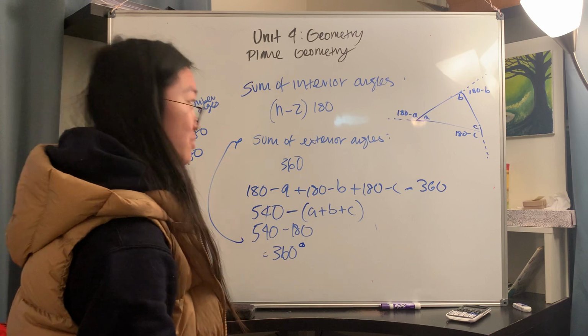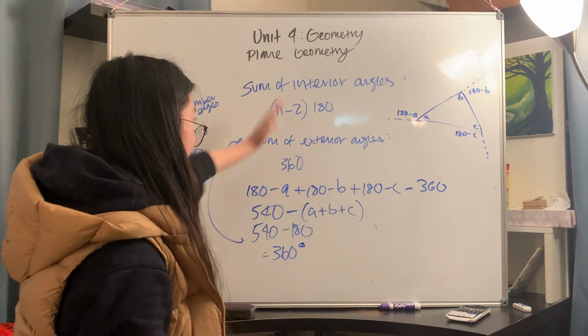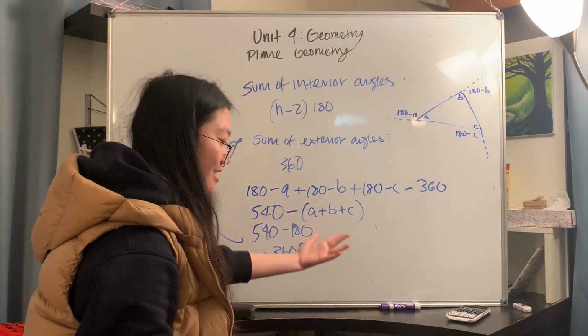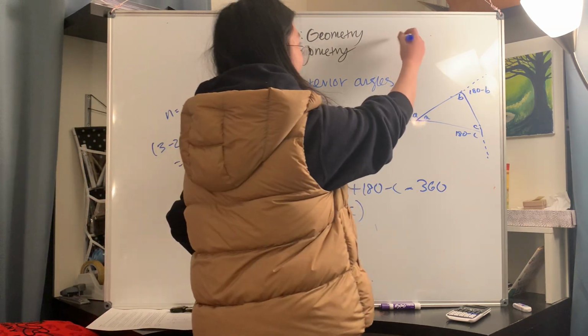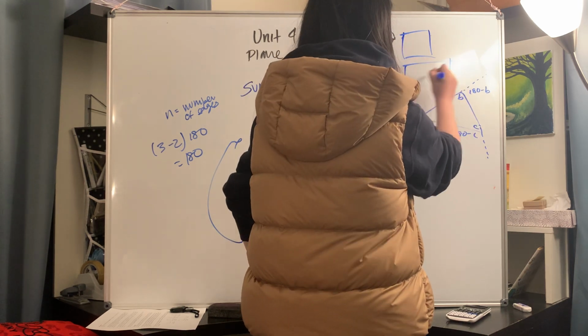Of course, this is just one shape. A triangle is just one type of polygon. These two rules apply to all polygons. So that includes squares and rectangles and the like.